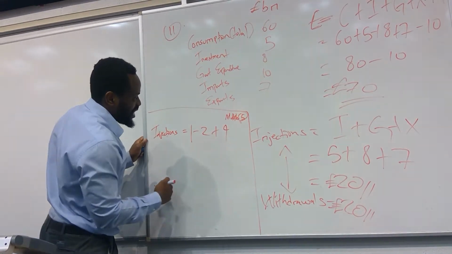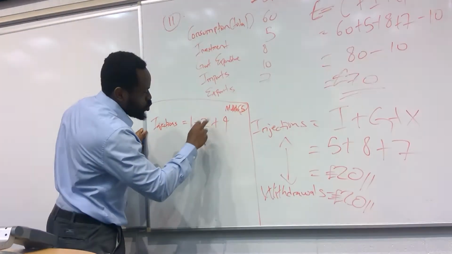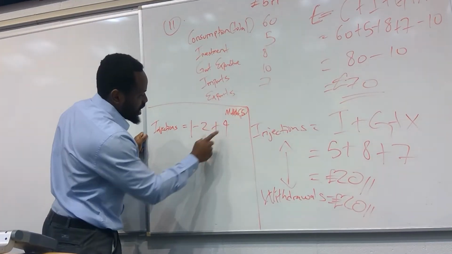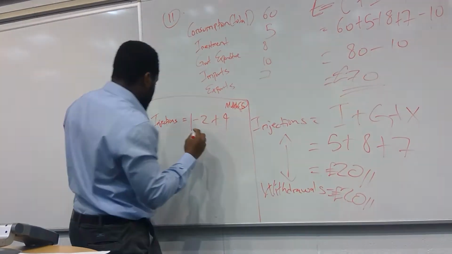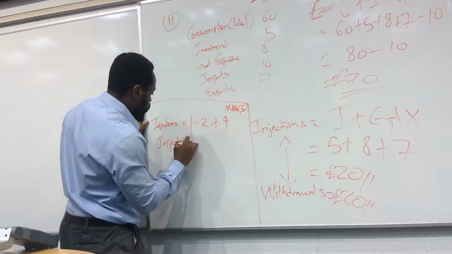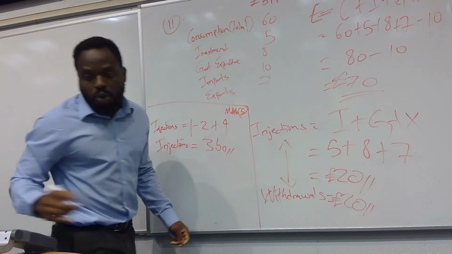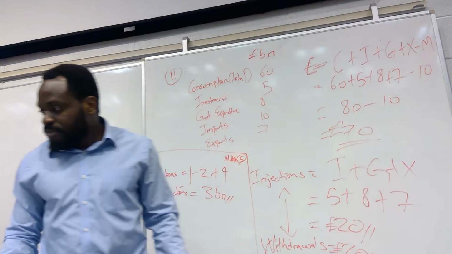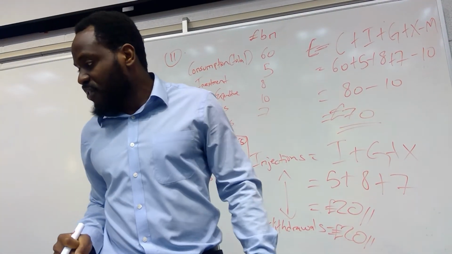The total change in injections will be 1 minus 2 plus 4, which gives us 3. So injections would be 3 billion.